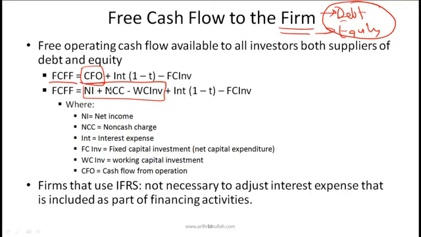So the above formula can be rewritten like this. If you are using IFRS, where interest is not included as a part of CFO, then it is not necessary to make the adjustment for interest.